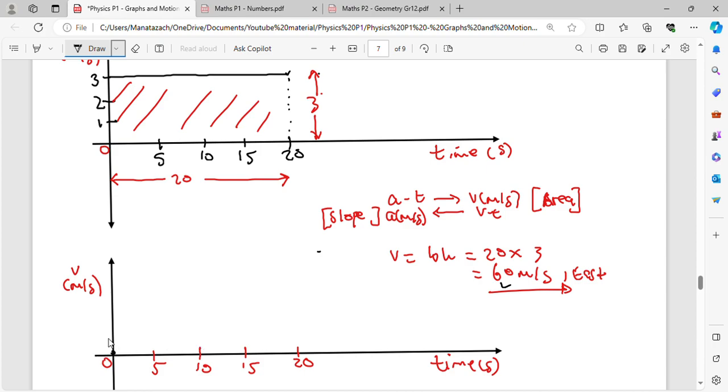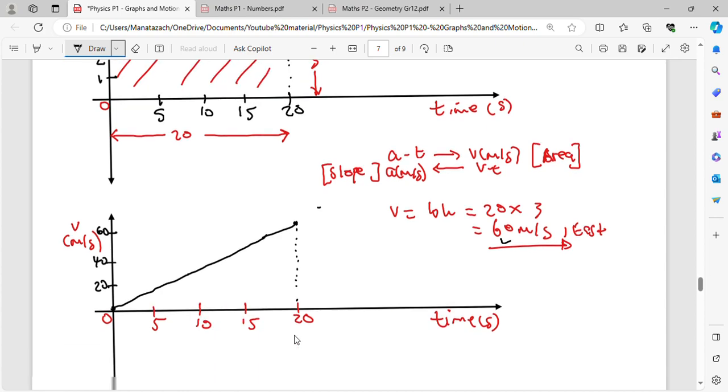So the scale on the velocity axis, we can just say 20, 40, 60. So by the time it's 20 seconds, the velocity would be 60. So let's just join with a straight line. So that is going to be the velocity time graph.